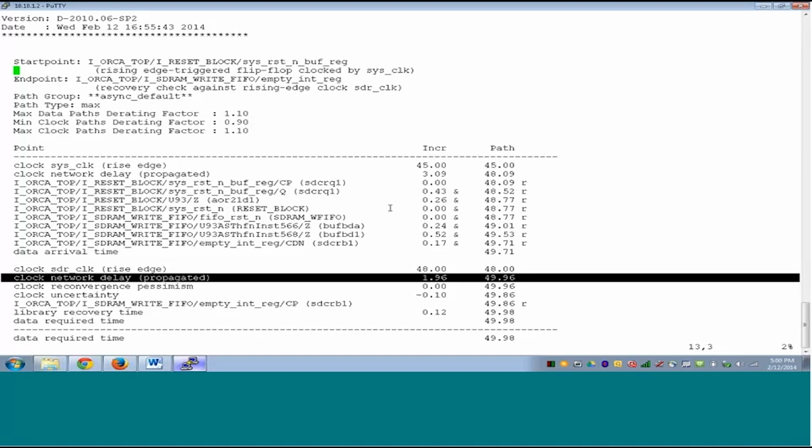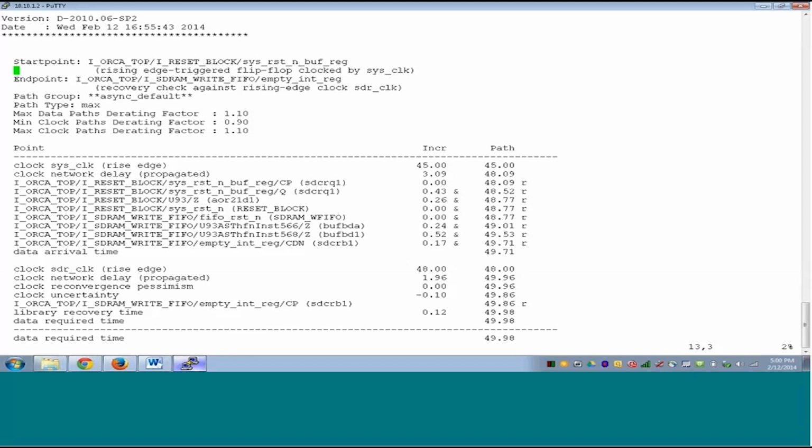So if in clock tree synthesis two clocks are deemed to be asynchronous, but in STA you are calling them synchronous, then it's a problem. The skews will not match, right? Now here we see that there is a clock network being propagated, and this is the proper skew, 3.09 minus 1.96.